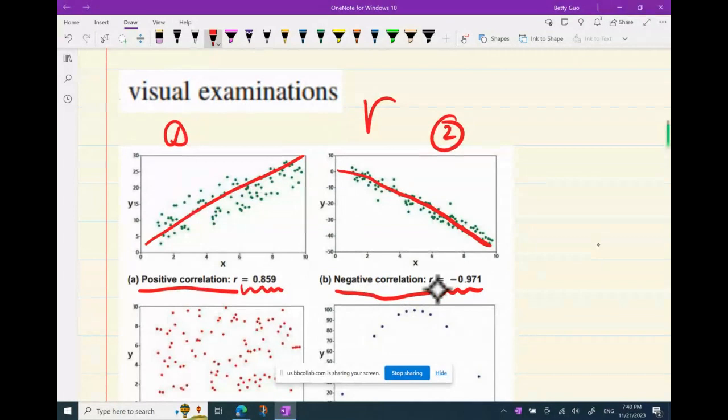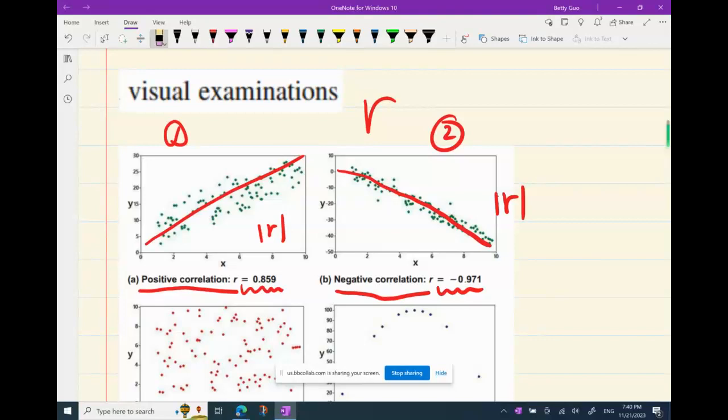So that's the reason the absolute value of R on the right is bigger than the absolute value of R on the left. When the absolute value of R is very, very close to 1, that means the strength of the linear correlation is very, very strong. The closer to 1, the bigger the strength of the linear correlation.